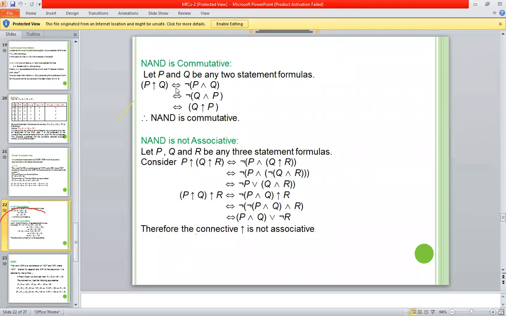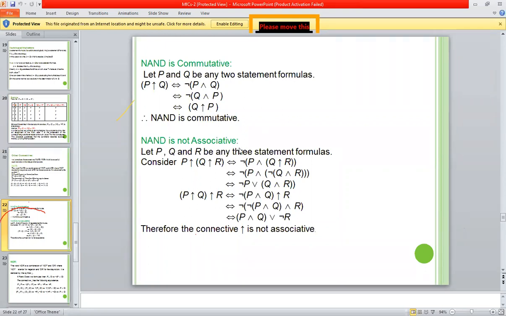P NAND Q is equivalent to negation of P and Q, by the rule of NAND. Now we apply the commutative law: P and Q is equivalent to Q and P. So this can be written as Q NAND P. So NAND is commutative.